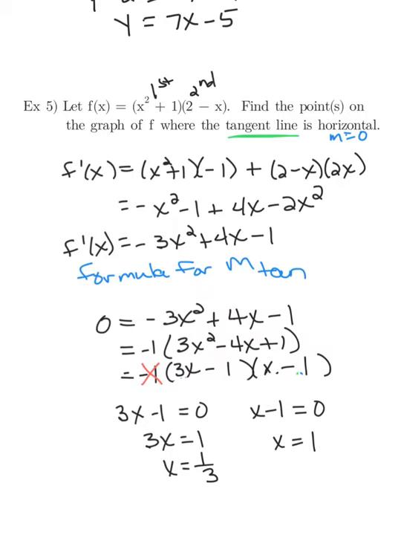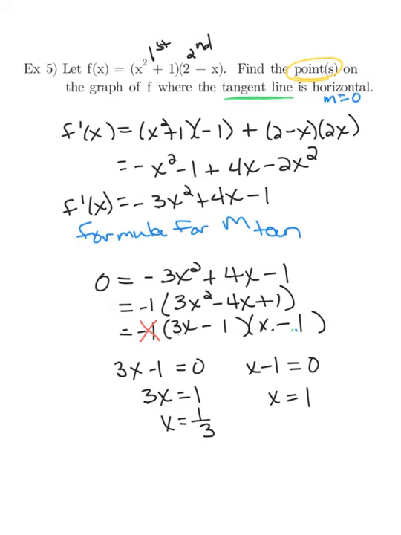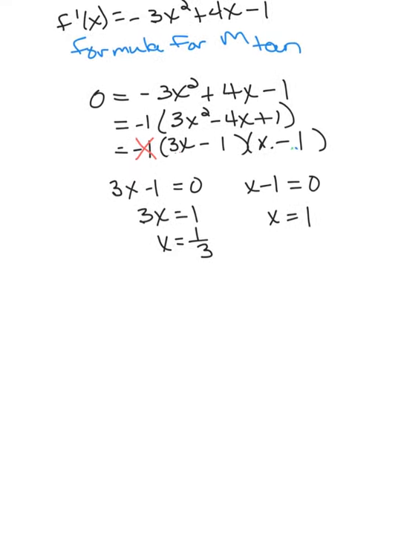If you look at the question, it doesn't just say find the x values where the tangent is horizontal. It says find the points where the tangent is horizontal. Anytime you want to find the point, that means that you have to take your x value and put it back into the original to find the y value.